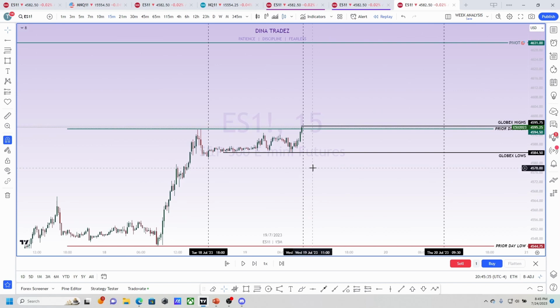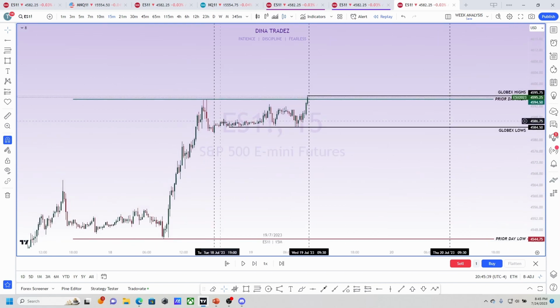Right before open, the overnight session traded sideways essentially for most of the night, and then we continued up, came down, took liquidity here, and then we made a little bit of a higher low, came down, again took liquidity here, and then pushed back up. So it's trading upwards. We took the prior day low right before we put the prior day high.